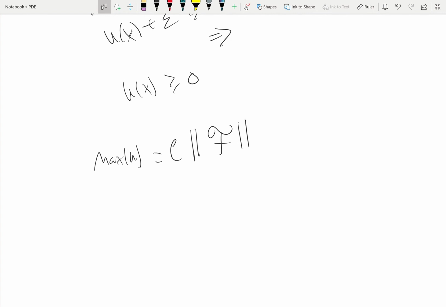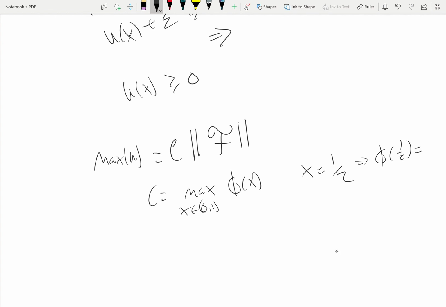And c is going to be equal to the maximum of phi of x for x between 0 and 1, which in this case is when x is equal to 1/2, which implies that phi of 1/2 is equal to 9/8. Alright, so we get 9/8 times the max of f.